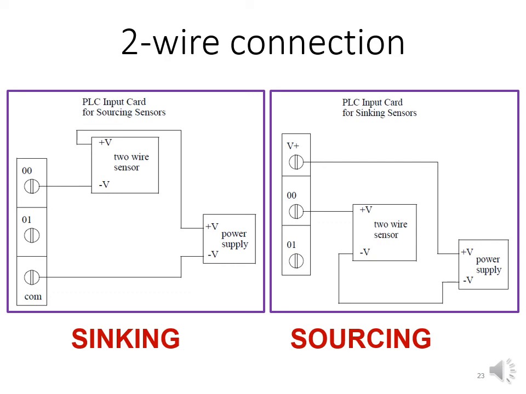Then the positive point of the power supply is connected to the positive point on the PLC input card. The positive terminal of the sensor is the one that is connected to an input point on the PLC input card. Every other argument applies the same, only being careful to sometimes reverse currents or reverse the positions of components to suit the sourcing sensor.